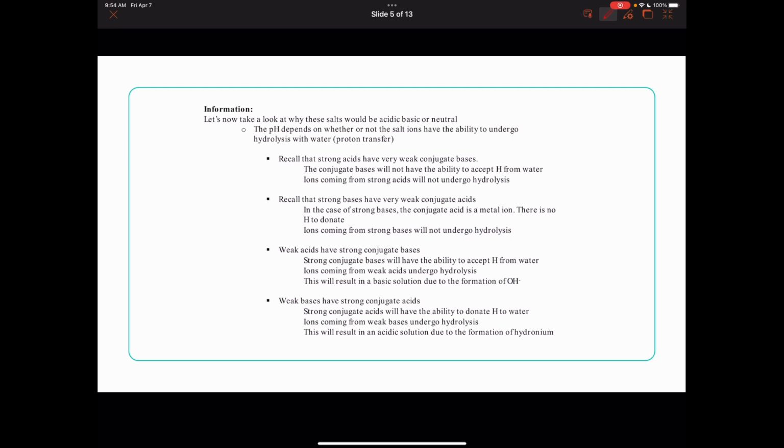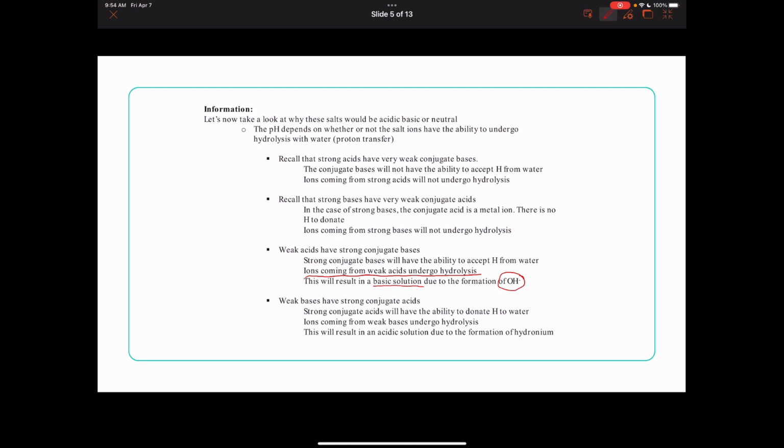Ions coming from weak acids undergo hydrolysis. The conjugate base is going to react with water. It's going to take a hydrogen, and when it does so, we are producing hydroxide. So we're going to get a basic solution because that hydrolysis forms hydroxide.